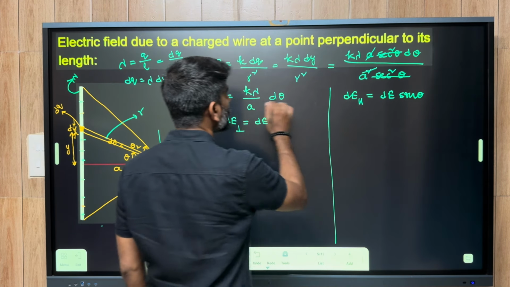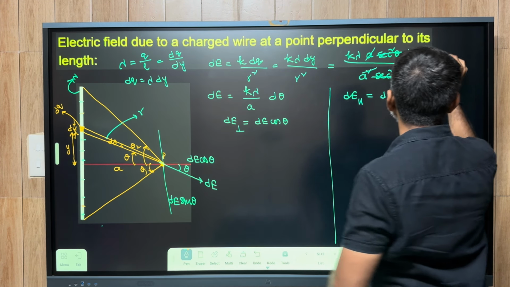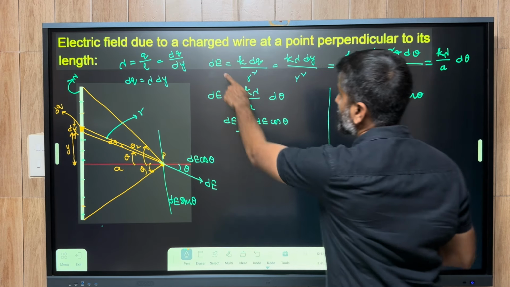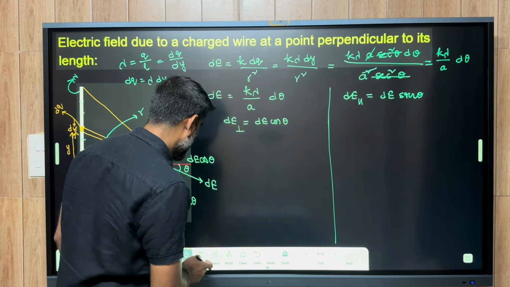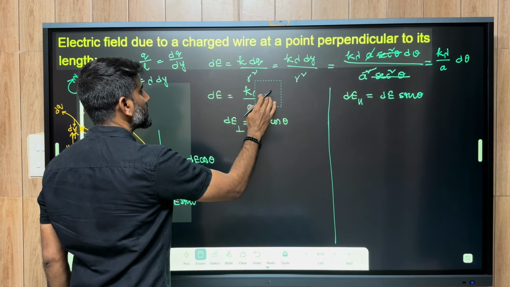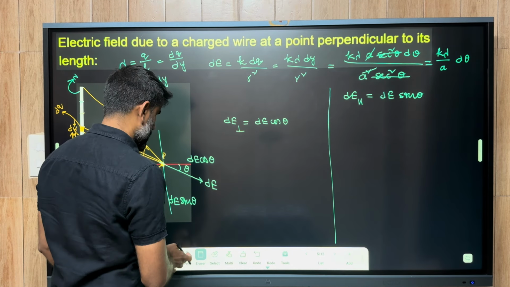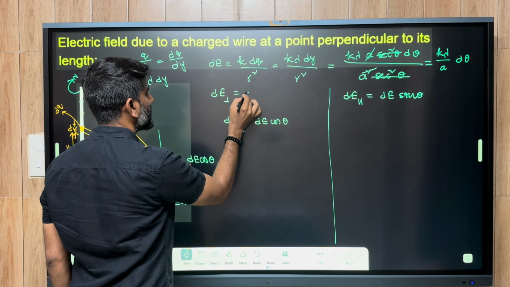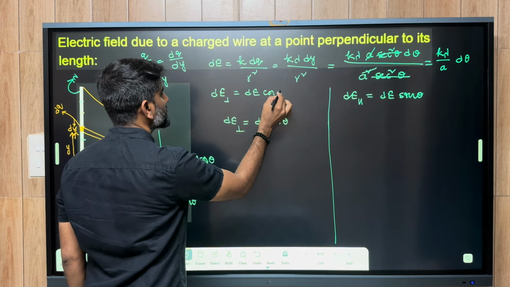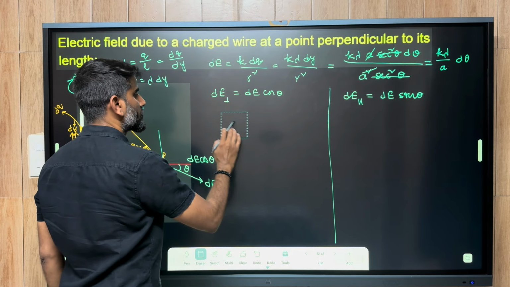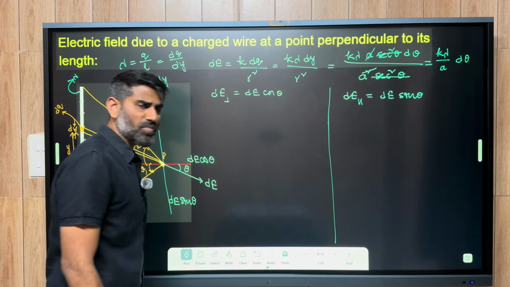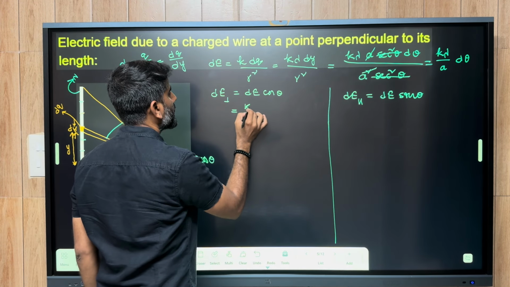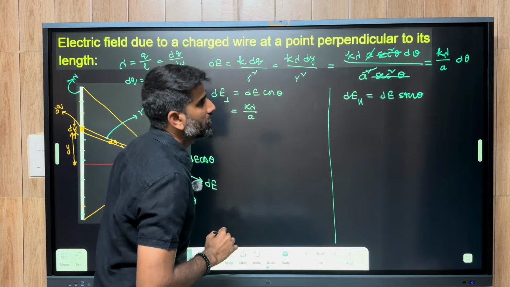So I'm going to write this relation somewhere here: k lambda by a d theta. This is the expression for the electric field dE here. I'm going to write this equation right here: dE perpendicular is equal to dE cos theta. That's it. Now let's go with the analysis. I know the dE expression, which is k lambda by a d theta.